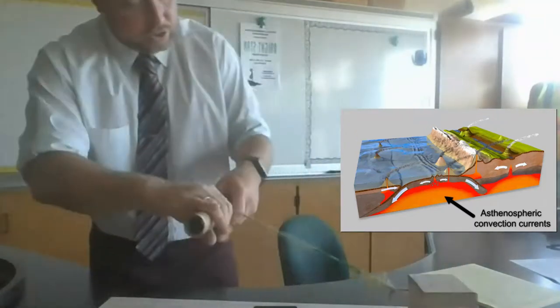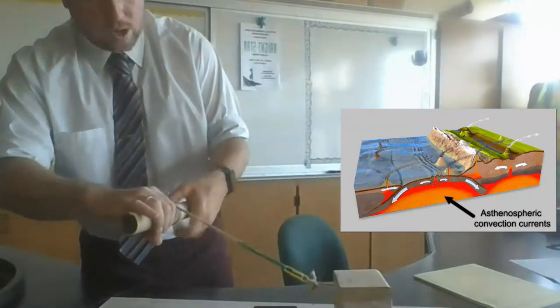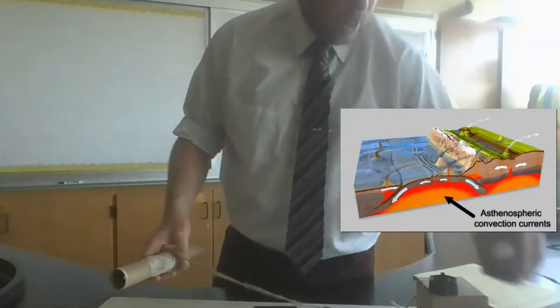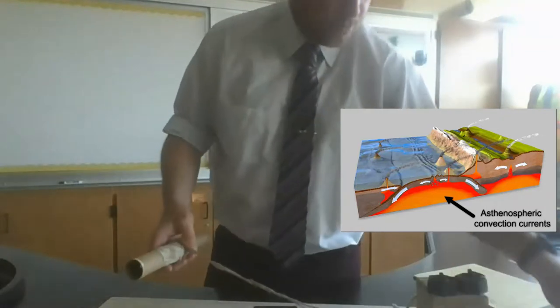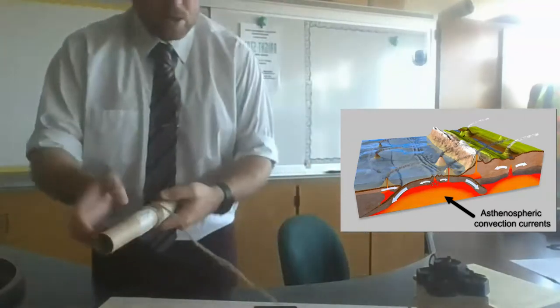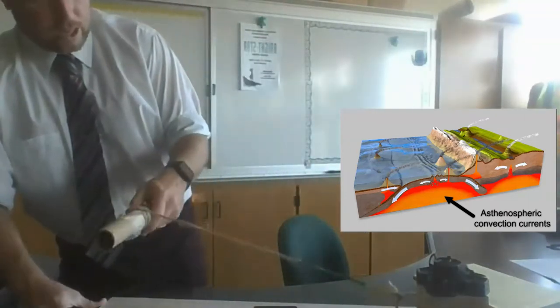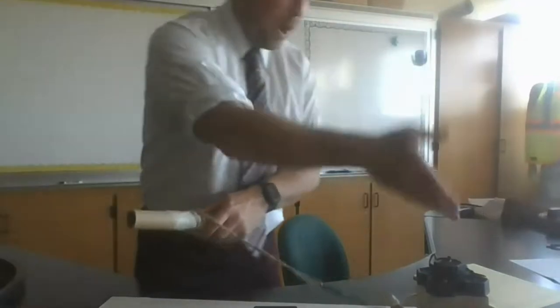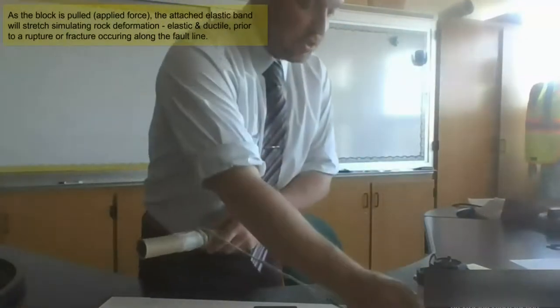So this block's going to stick and then jump forward, just like in the crust. Now, for the experiment, I like to add some weights. I have these little 200-gram weights, and I add 5 of them. So that's a kilogram, or 1,000 grams. That means there's more mass, more gravity pushing down onto the sandpaper.